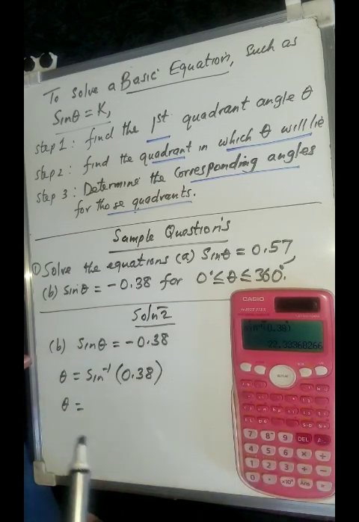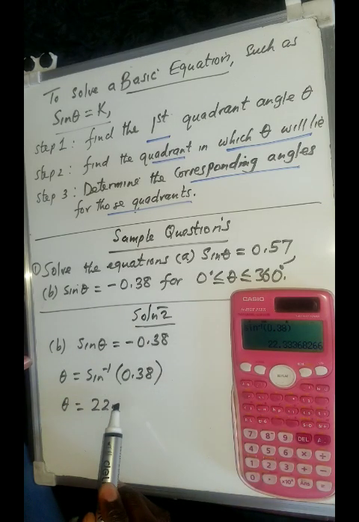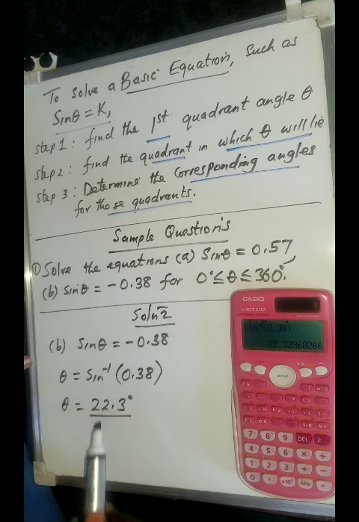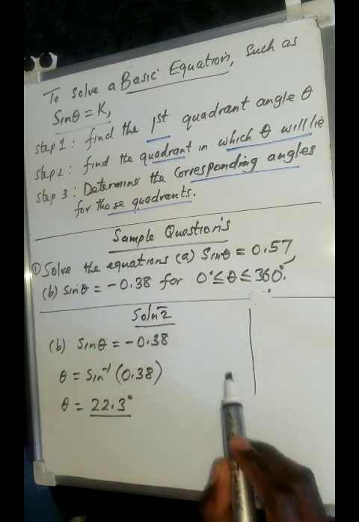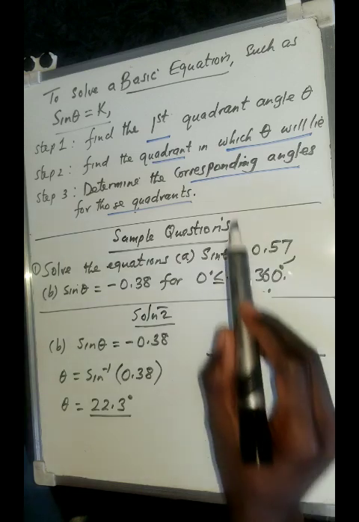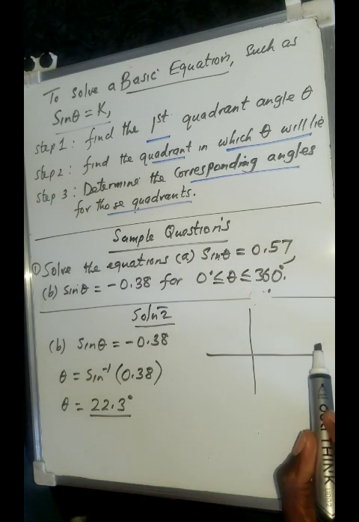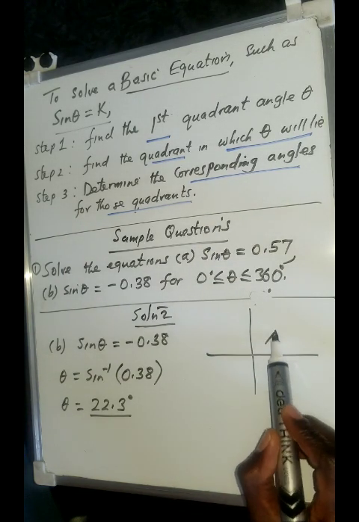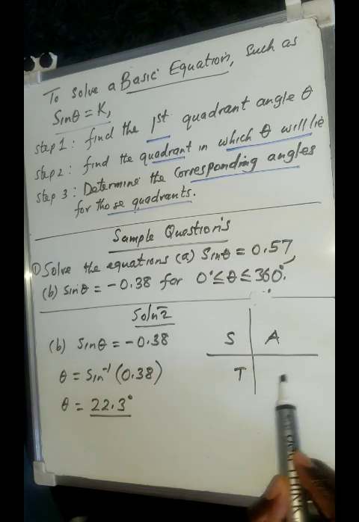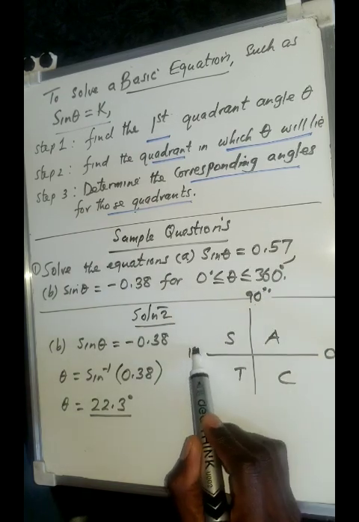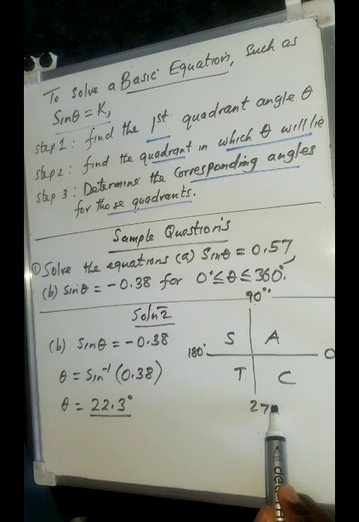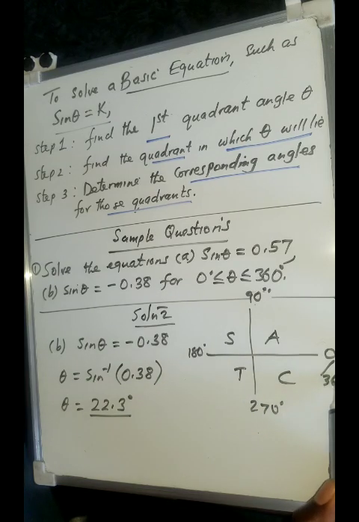What is that giving me? It is simply giving me 22.3 degrees. So this is the angle in the first quadrant. Now if you go back to your quadrant, where will the angle theta lie? If you notice, all students take chemistry, from 0 to 90 degrees, 180, 270, and we come back to 360.